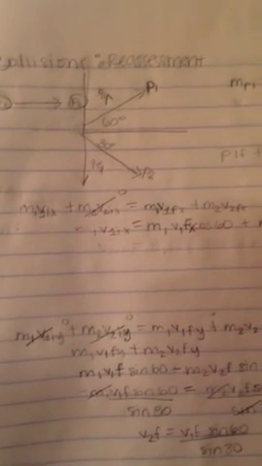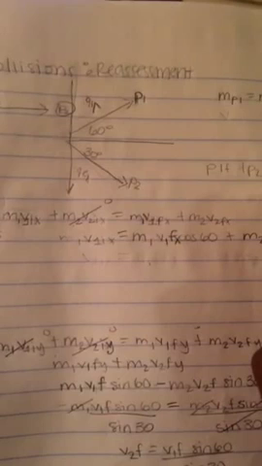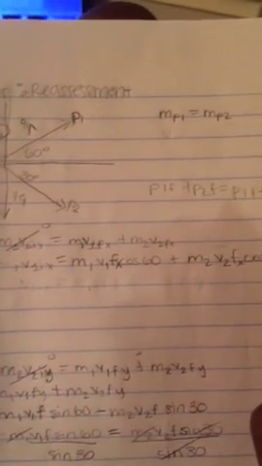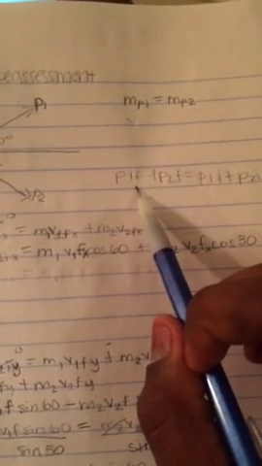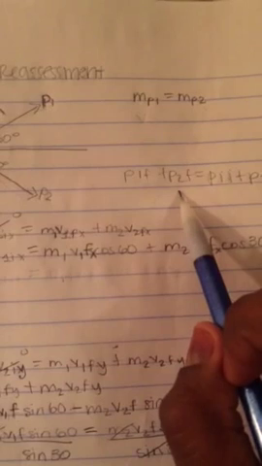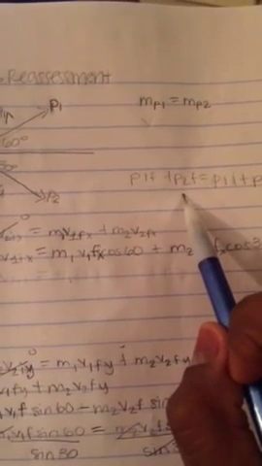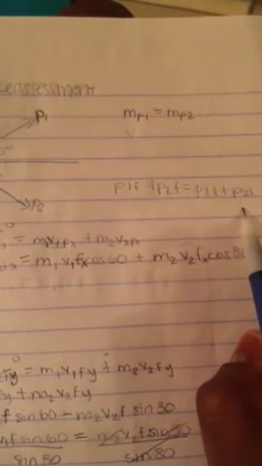To begin our problem, we use the momentum conservation theory, which would allow us to use this equation, which would mean the final momentum for 1 plus the final momentum for 2 equals the initial momentum for 1 plus the initial momentum for 2.